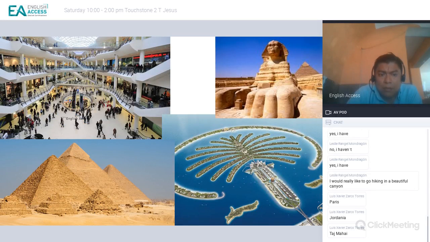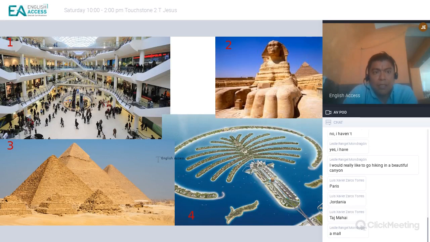What are these? What is picture 1? What is picture 2? What is picture 3? The picture one, it's a mall. Yes, that's right. A mall. You can type your answer. A mall is not specific.